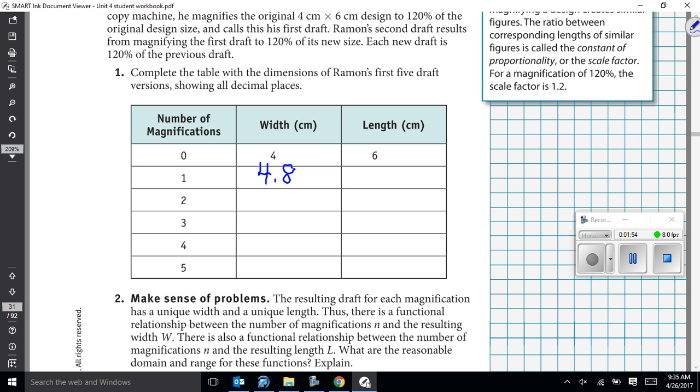5.76, 6.912, times 8.29. Oh, so it was 11 point something?